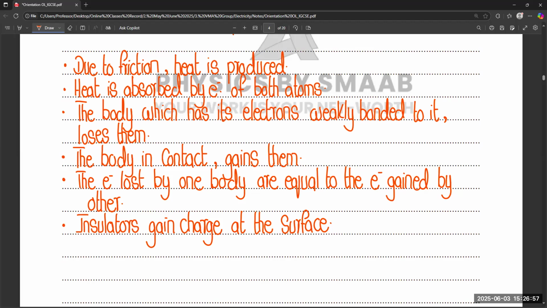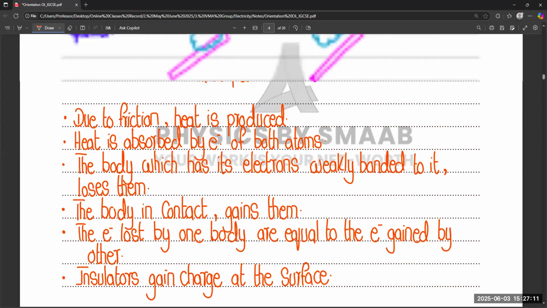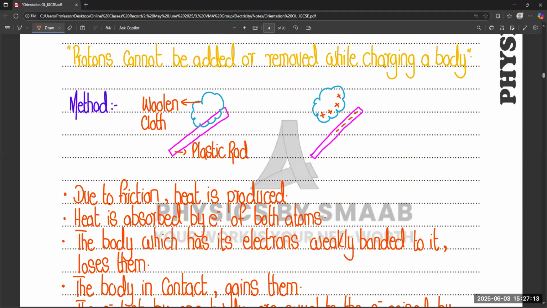Okay. Next, we discussed the transfer of the charges, how charges transfer, and which body gets positive charge and which body gets negative charge. We can identify this by the given information, right? For example, in this diagram the charges are given, but in our question there must be some hint given, so we can identify from that hint. You don't need to remember that this body will get this type of charge.